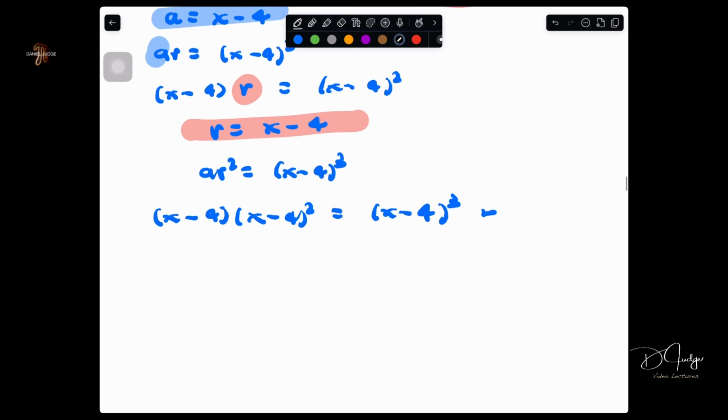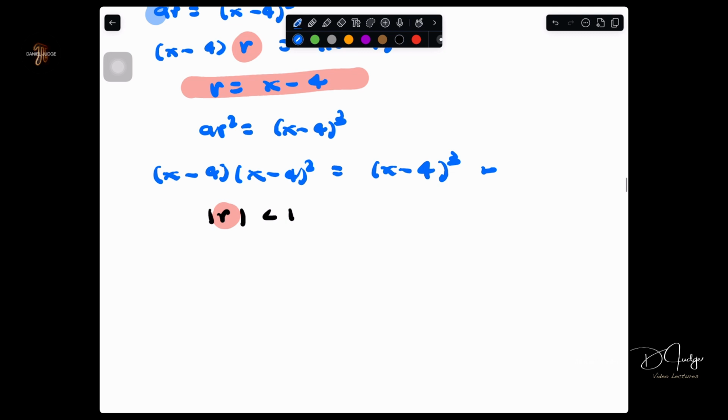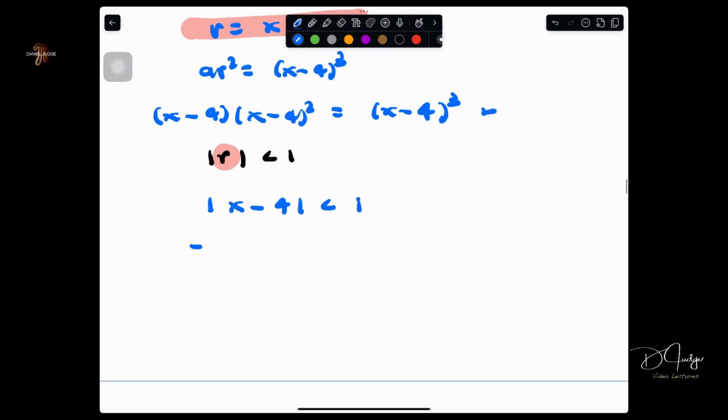Okay, if the absolute value of r is less than 1, we have convergence. And r, by the way, is x minus 4. So what does this mean? It means the absolute value of x minus 4 needs to be less than 1. This is an absolute value inequality.